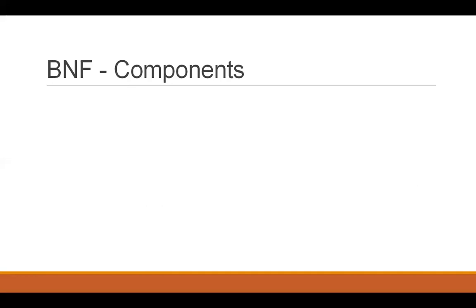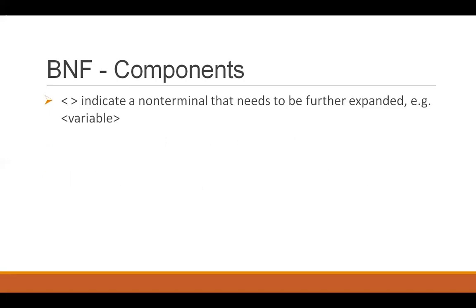Now we would try to learn about the components of BNF, meaning how the BNF will look and what the key components of that are. First, these angle brackets indicate a non-terminal that needs to be further expanded. A non-terminal is something that can be further simplified, which has to be further defined.